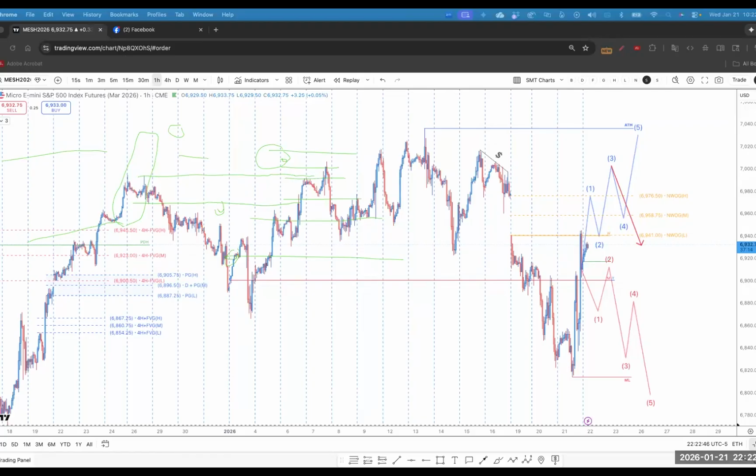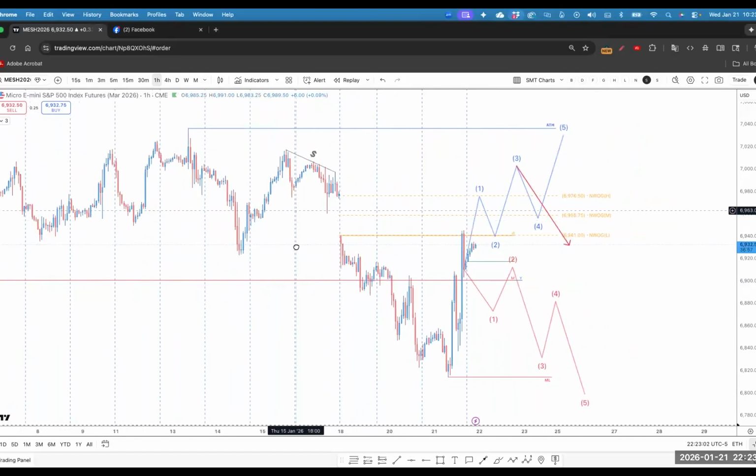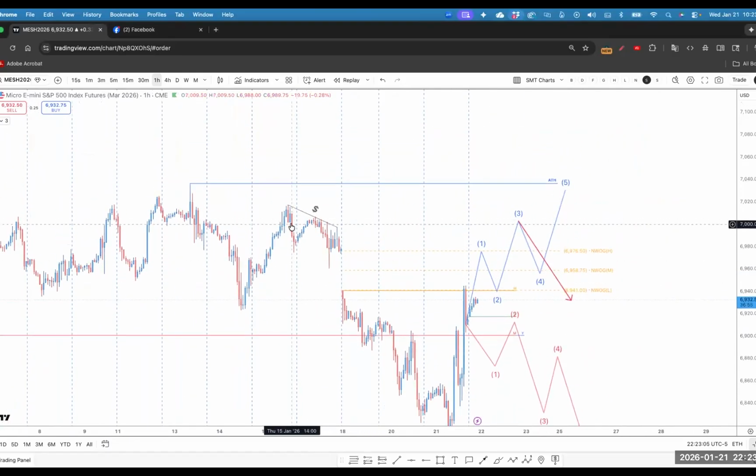Even up here at the top, let me clear all the drawings right quick. Even up here at the top, if we're just looking at where we first got in, up here at the fair value gap, our first target on this trade should be this low right here, right?